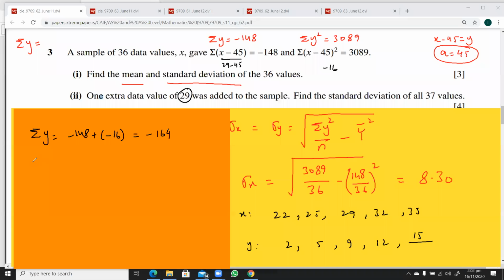Yes, who will tell me the new sigma y square? The new sigma y square is 3089 plus what? Come on, hurry up.